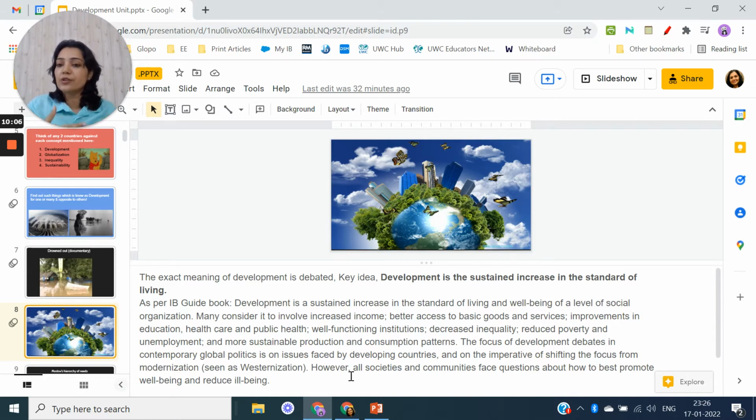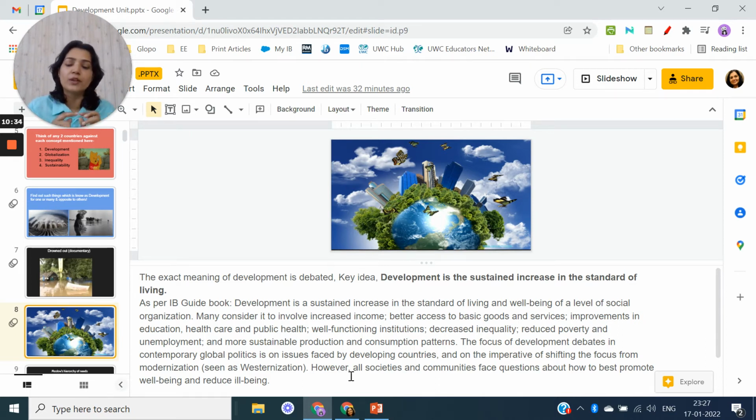Your 16 key concepts, which I spoke about in my previous video, you can use that as well. Now here I'm giving you these 11 indicators which are under the OECD. I'll be taking them later on, so that you can remember and use them, that what are those well-being indicators, and why we are talking about that a country which is moving from ill-being to well-being is considered as the definition of development.